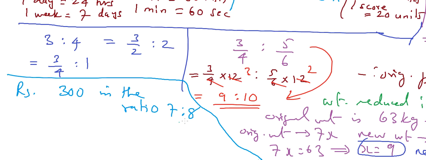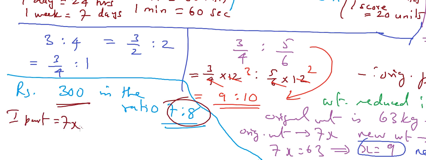How to divide this in the ratio 7:8? As usual, we need to divide this into two parts. In the ratio 7:8, we can take the first part as 7x and the second part as 8x.